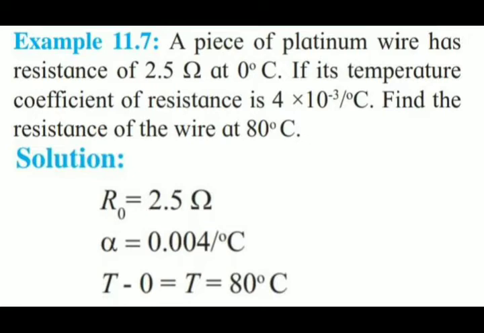Initially it is 0, so 80 minus 0 is just 80 degree Celsius. Now what do we have to find? The resistance of the wire. That means we have to find only R.